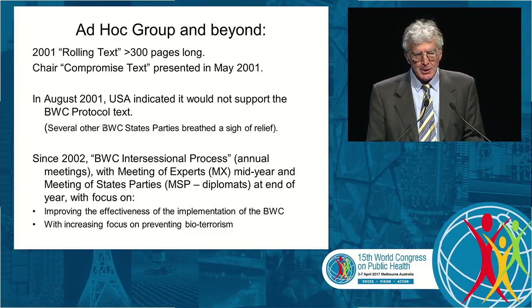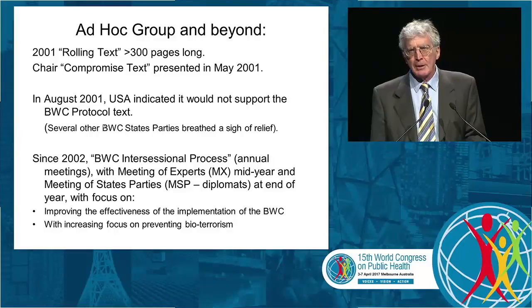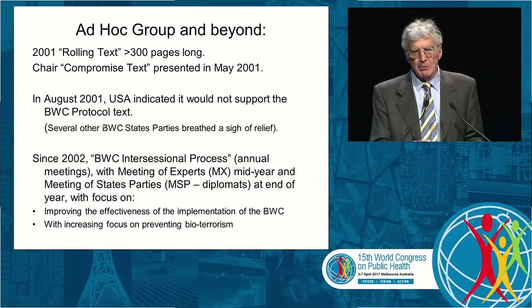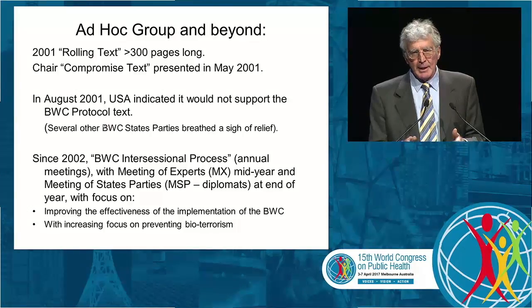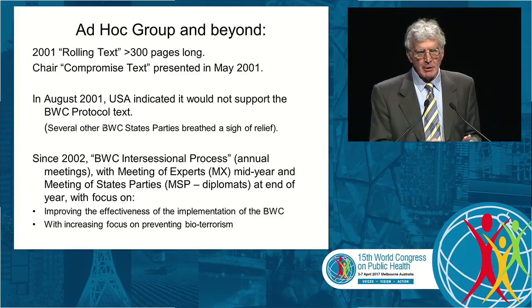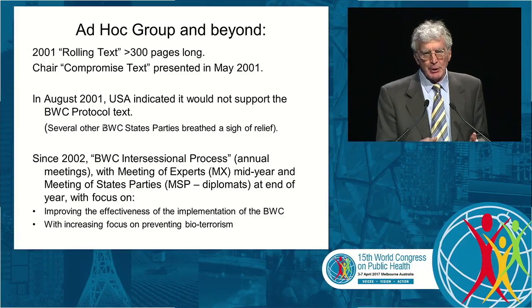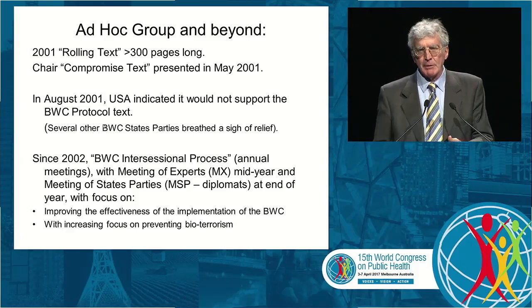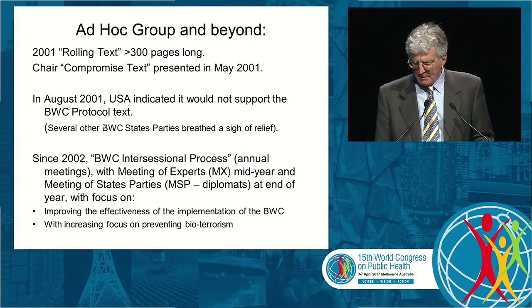This commenced in 2003, and consisted of meetings of experts and also meetings of diplomats, 2 meetings a year, to consider how the treaty itself could be improved by more effective implementation. So it moved away from trying to verify to a process of trying to assist states parties of the treaty to have their provisions more effectively implemented at a national level. And I'll discuss that as we go.